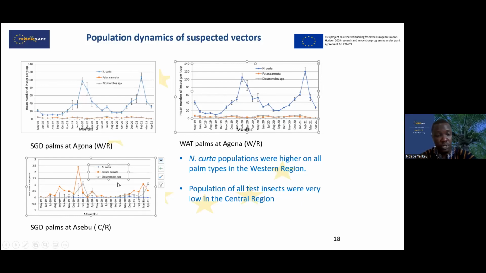And when it comes to the central region, generally all the insect populations, both what we have found and the one that occurs in the Ivory Coast, were very, very minimal. The highest we could find was about 2.5 insects per trap per month. So generally the insect populations of these suspected vectors are very low in our environment.